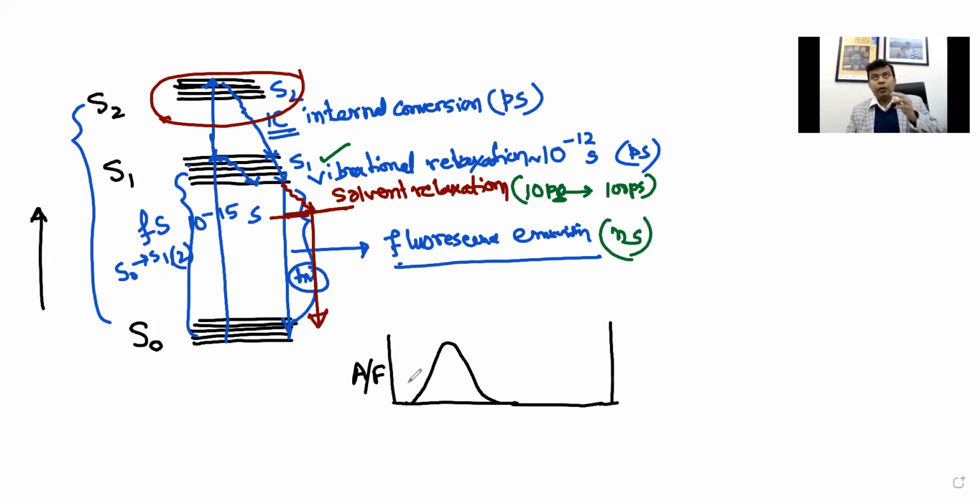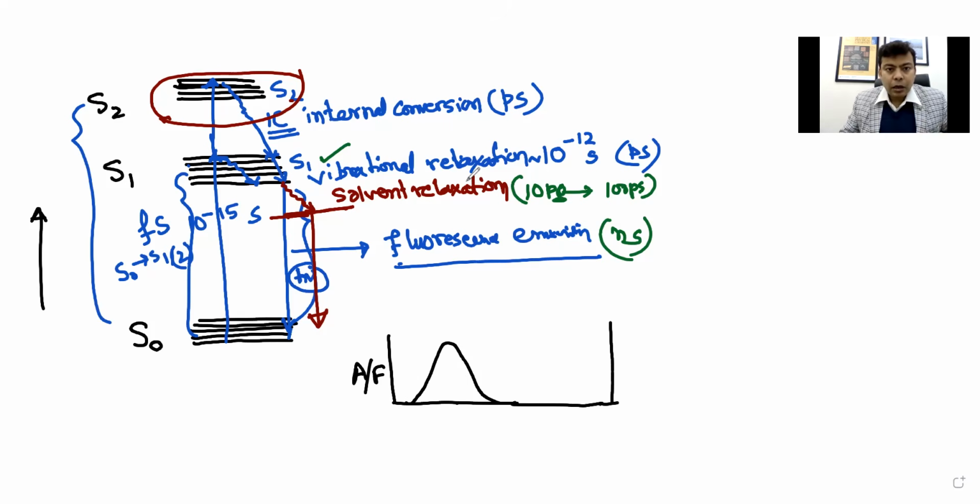In absorption, your unit is absorbance, whereas in fluorescence, your unit is how many photons you get per unit time, let's say per second. Now, if you don't have any solvent relaxation, there might be a very little shift.